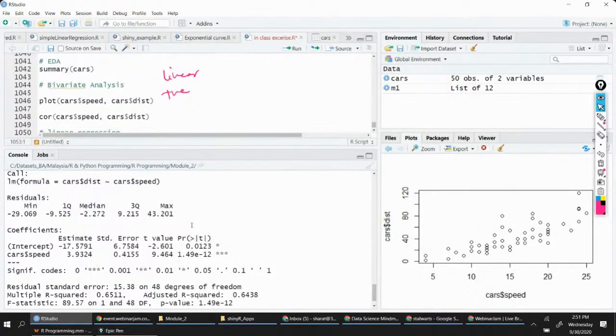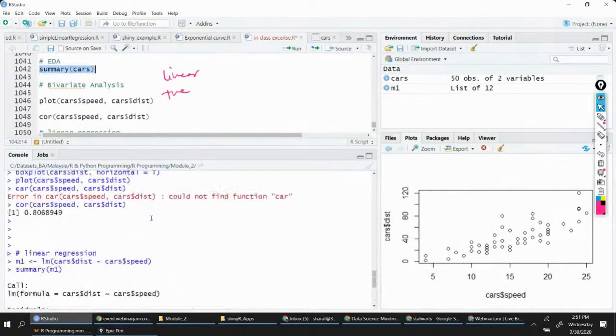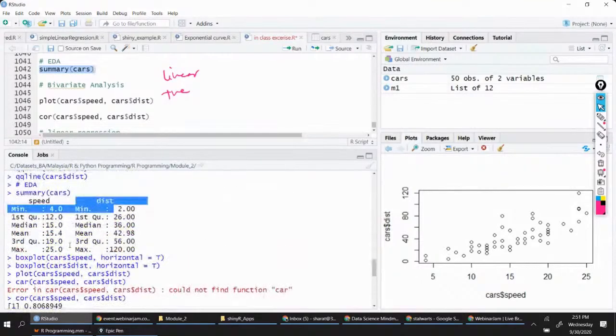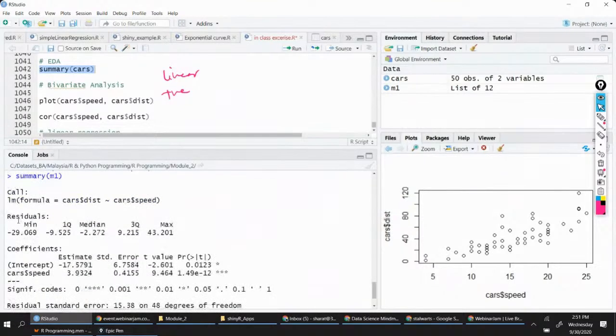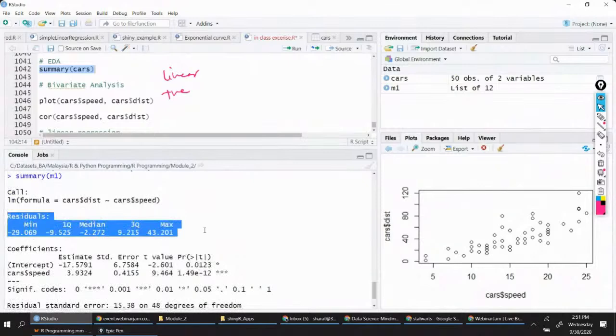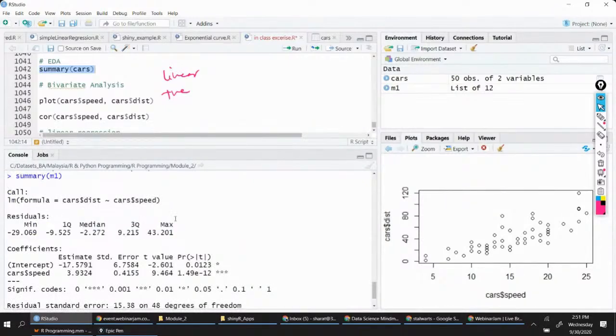Why is it not showing mean here? When you did summary on the original data set, it was giving us 6 points: minimum, maximum, first quartile, third quartile, median and the mean. Whereas when you did summary of the model here, it is showing only 5 calculations for your residuals. Why?